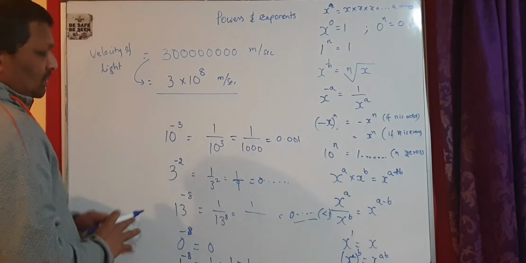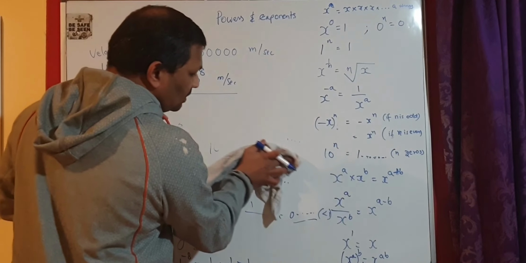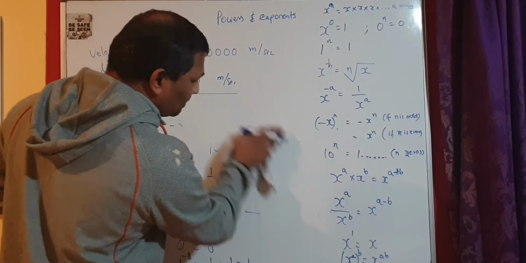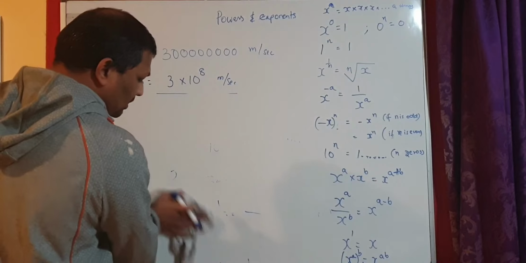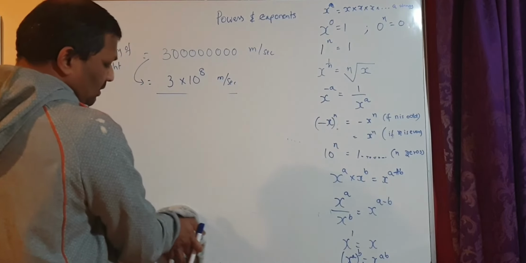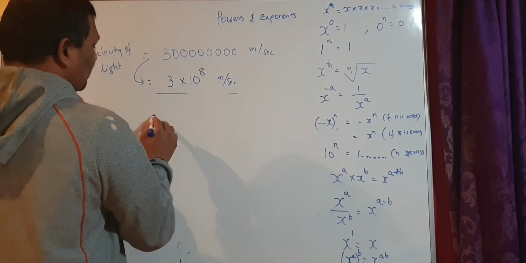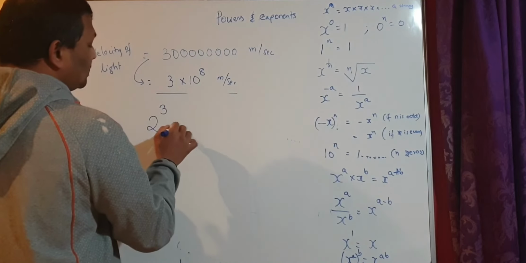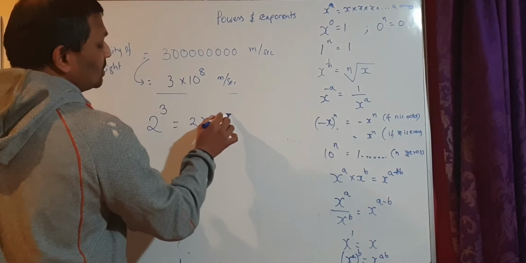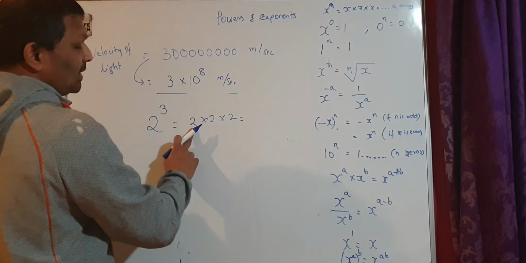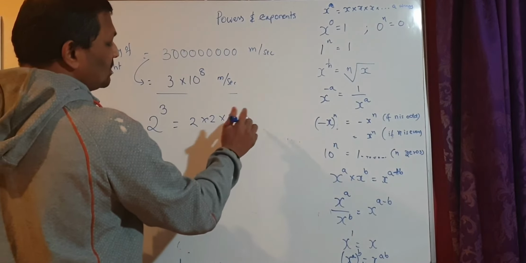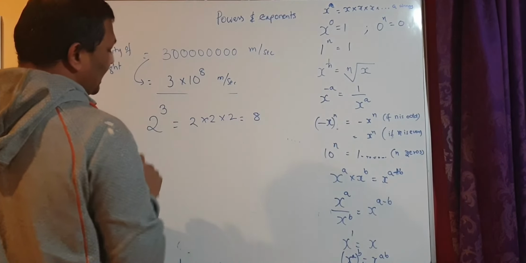Okay, that's one thing. And also, before I wrap it up, I'll tell one more thing. Say for example, 2 cube, whose value is 2 into 2 into 2. We are multiplying 2 by itself 3 times, whose value is 8.